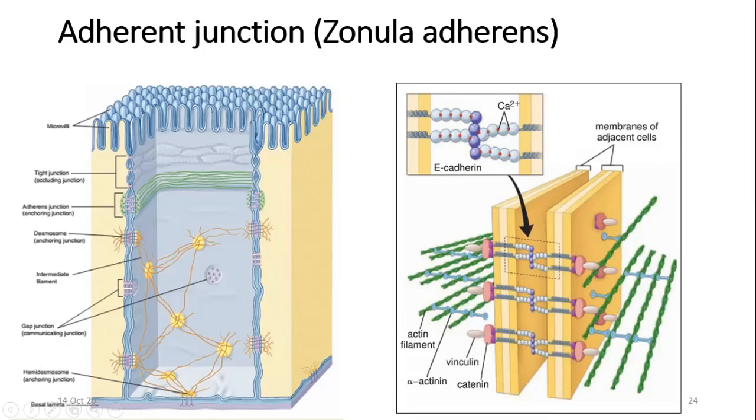The catenin then binds to the actin filament. The catenin on the cytoplasmic site binds via this actin binding protein vinculin to the actin filaments.